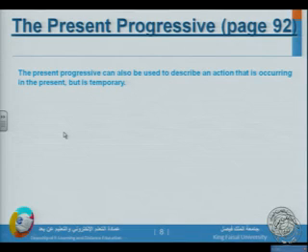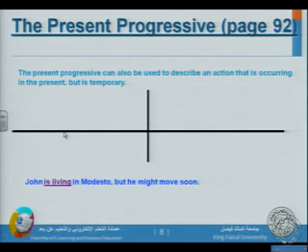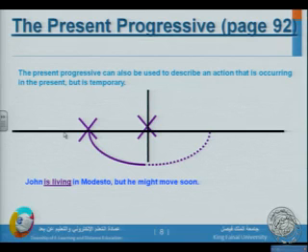The present progressive can also be used to describe an action that is occurring in the present but is temporary. Temporary means مؤقت. Like Joan is living in Mauricio, but he might move soon.